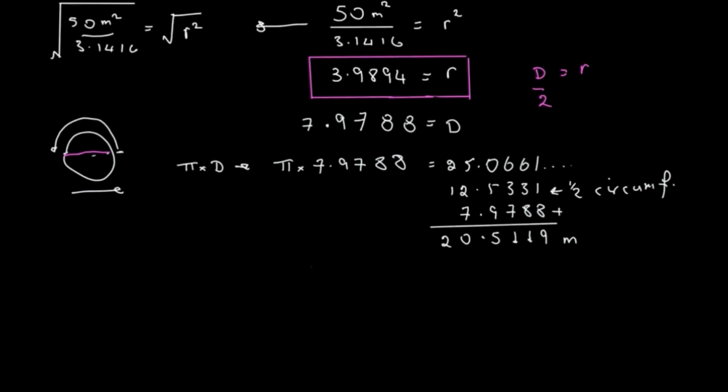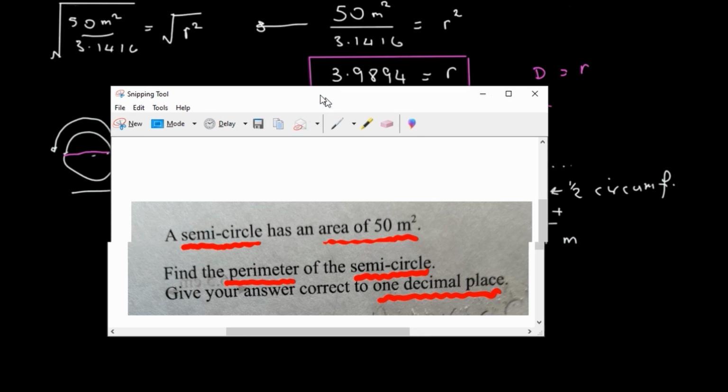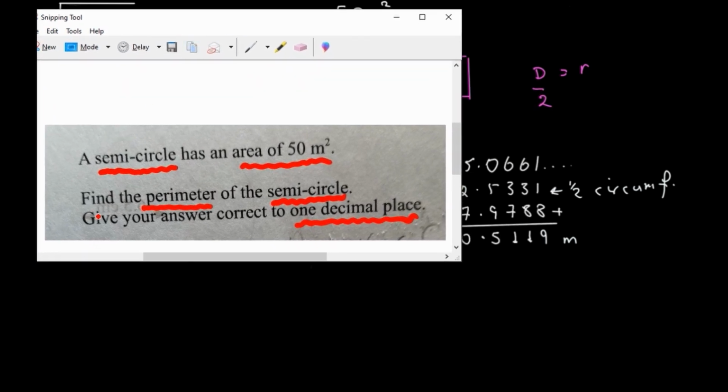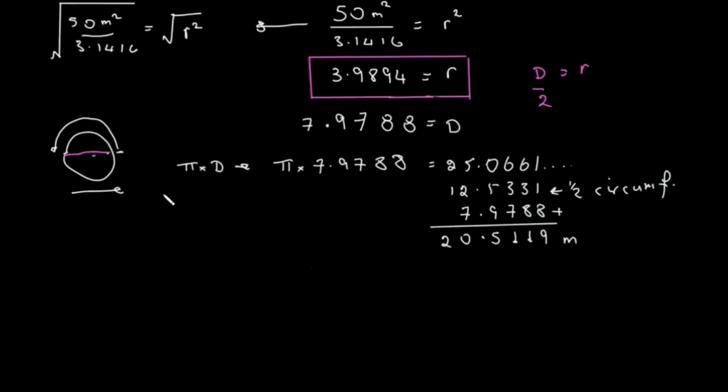Let's go back to the question and have another look. Give your answer correct to 1 decimal place. So the cutoff point is there. The number immediately to the right is 1.